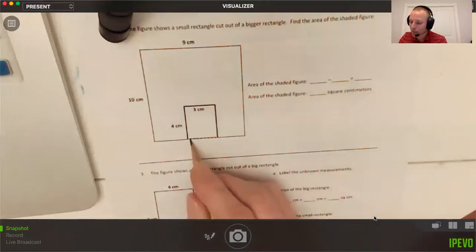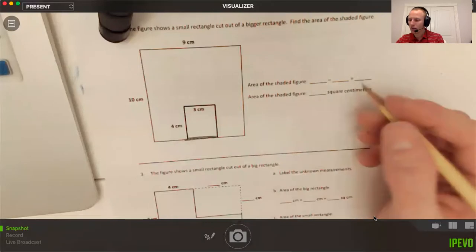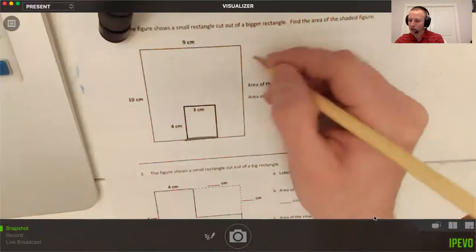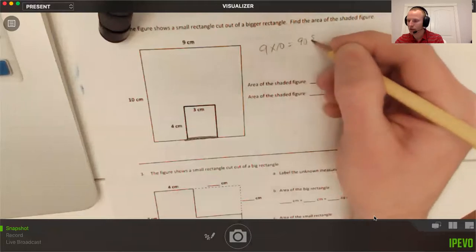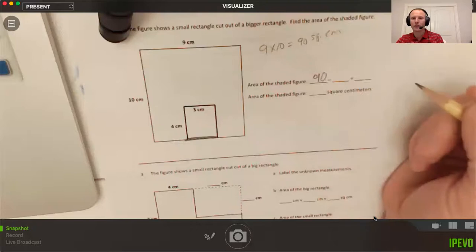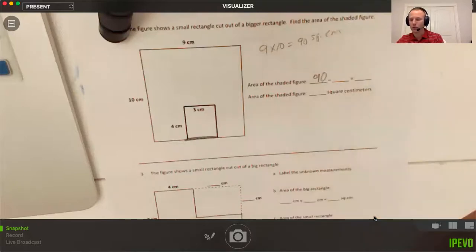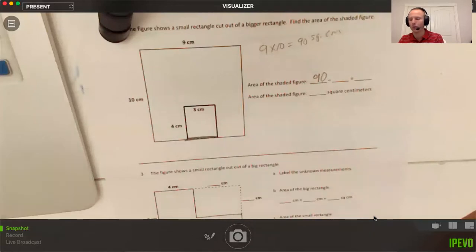I would think of, let's pretend that piece was there for a minute. If it was there, it would be 9 times 10 equals 90 square centimeters. So I'm going to put 90 right there, if the whole piece of paper, or the whole shape, was there.